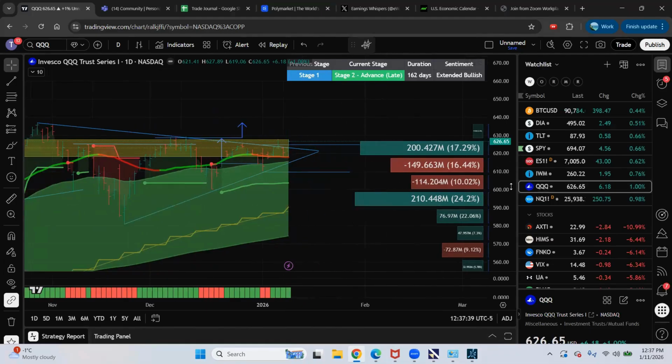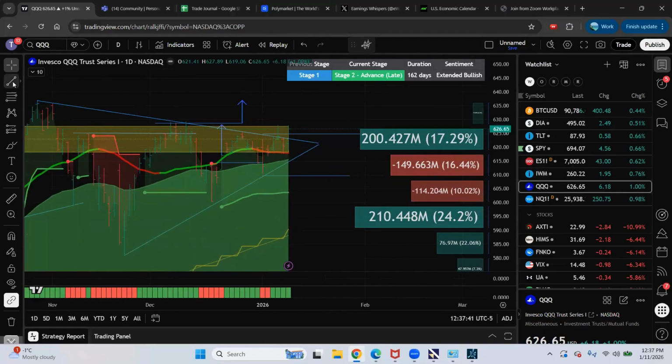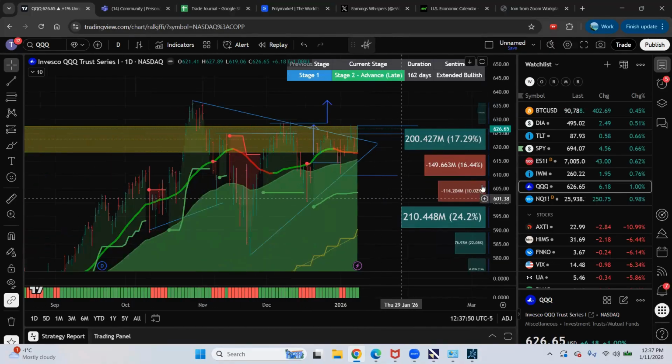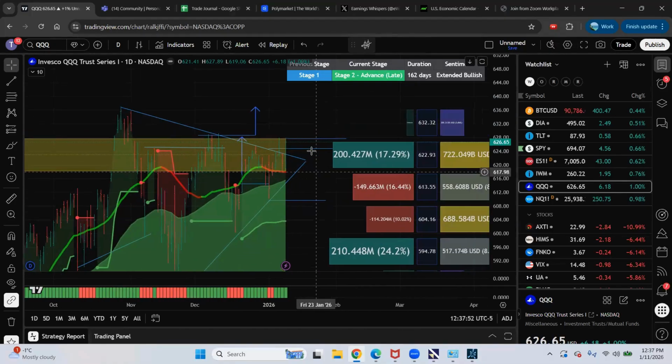So what am I looking for here? I'm looking for a very clear break above this level here. And if we can sustain that break, I am looking for more upside on the Nasdaq. So let me get rid of this one because we don't need this one any longer. And we're going to get rid of this one as well because we no longer need that.